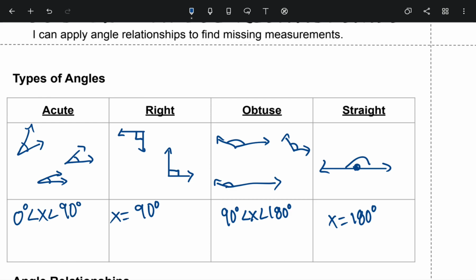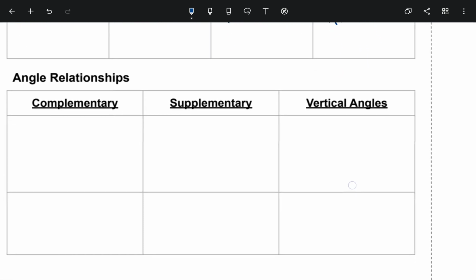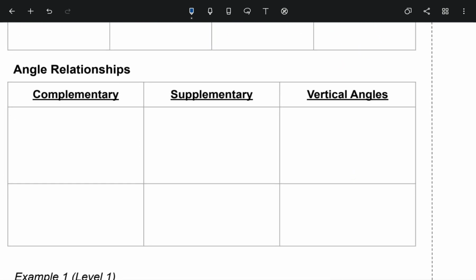Now let's look at some angle relationships. So our first type of angle relationship is complementary angles. These are 2 or more angles that add up to 90.